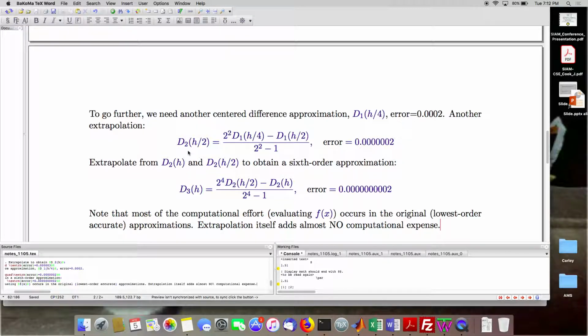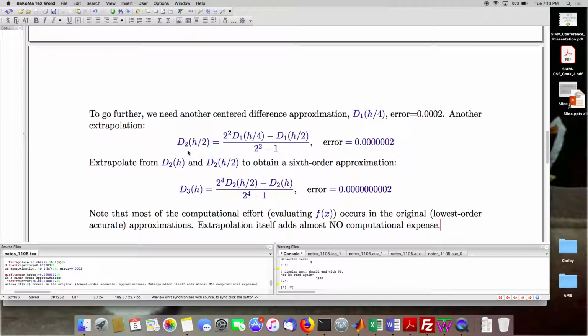The way you're producing a table of approximations, it's kind of like a divided difference table in a way. So if I were to compute a centered difference approximation one more time, using h over 8, then with all the other information I have, I can immediately do more extrapolations.